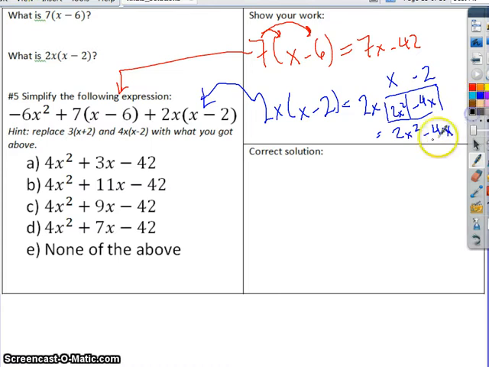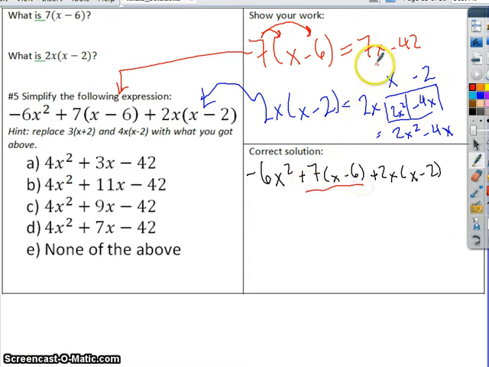And then to do the whole thing, I'm going to take this entire expression, negative 6x to the second plus 7x minus 6 plus 2x times x minus 2. And just like the hint said, I'm going to replace this with what it's equal to after I distribute. So that's 7 times x and then minus 42.